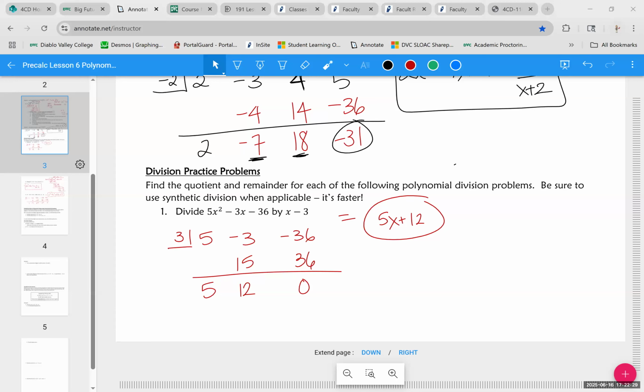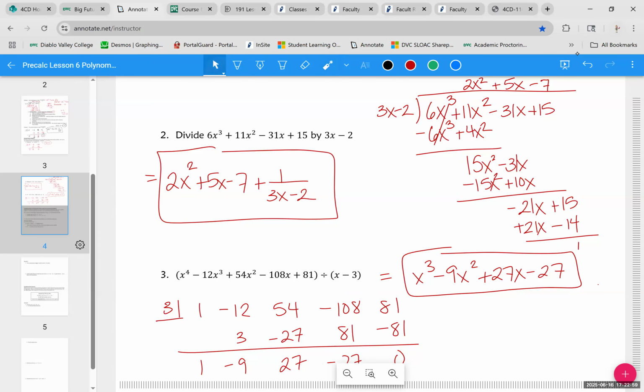All right, taking a quick look. I see that I am dividing by an x plus or x minus r in this case. So I can use synthetic division. My r would be 3. I line up my coefficients, no placeholders needed, and then practice the synthetic division. Bring down the first one, multiply, add, no remainder, so it goes in evenly.